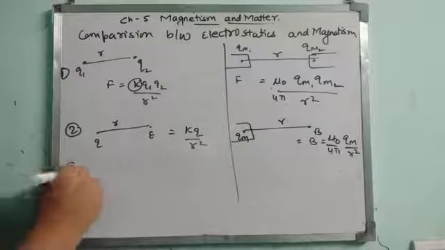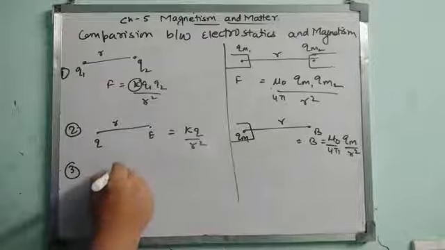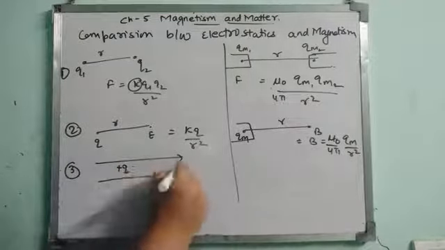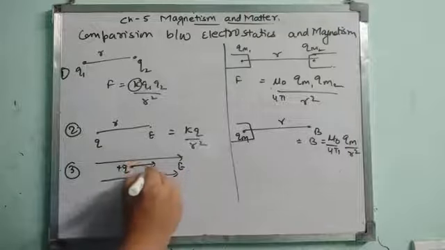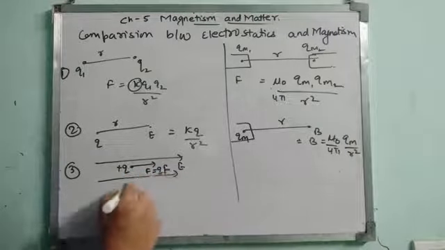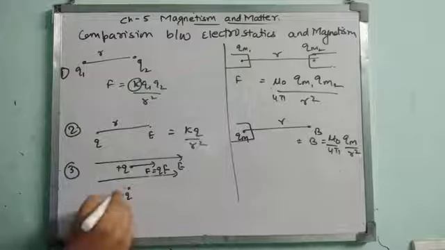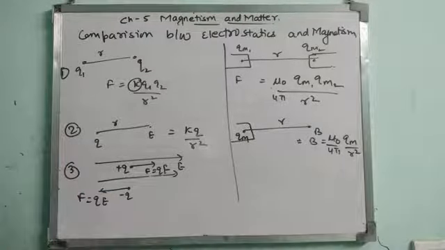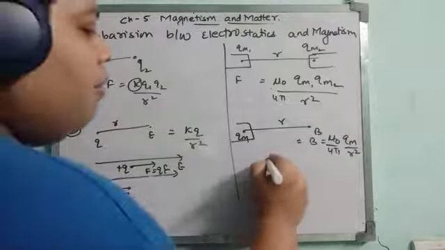Third, if positive charge is placed in electric field, then it experiences a force equal to QE. And similarly, if a negative charge is placed, then it experiences the same force QE but in direction opposite to the electric field. Same is applied here also.